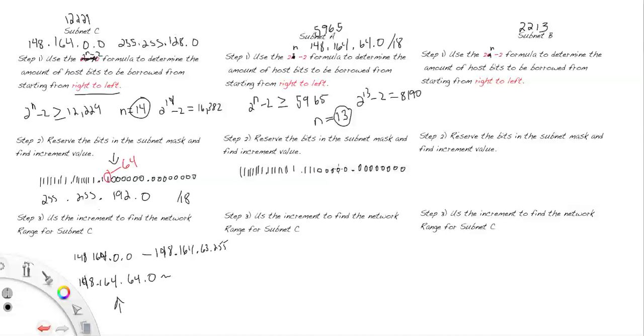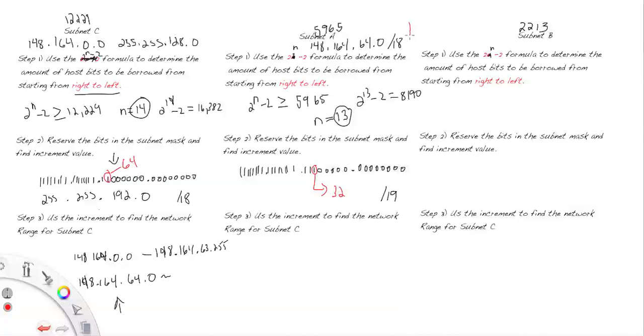So this is our new subnet mask. All right, this can also be written as a /19, right, for writing in CIDR notation. And what's our increment? Our increment is right here. And what is that in decimal? 32.